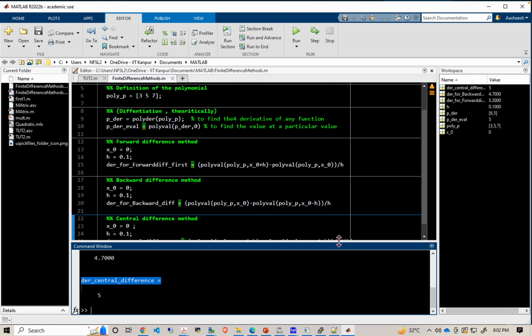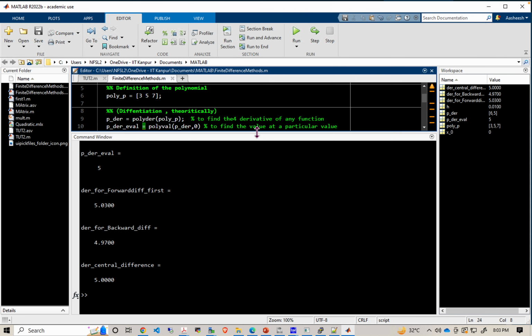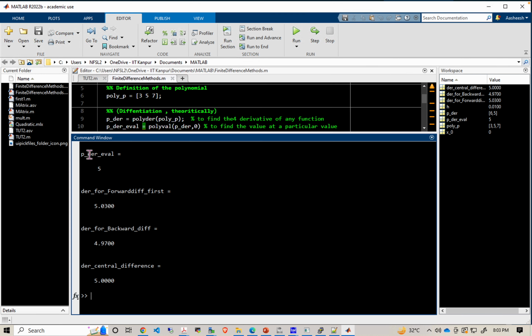Now let's reduce this h by 10 times. Let's see what will happen. Now I run this, and see, the forward difference is coming 5.03, which is very near to 5. 4.97, again very near to 5.